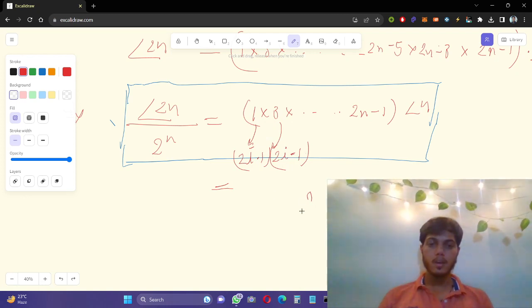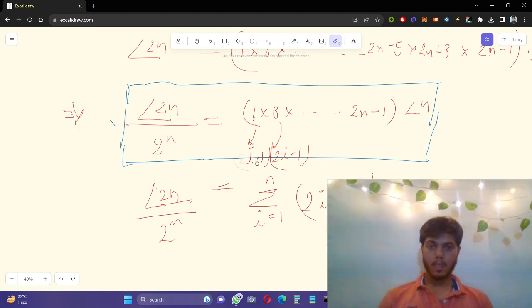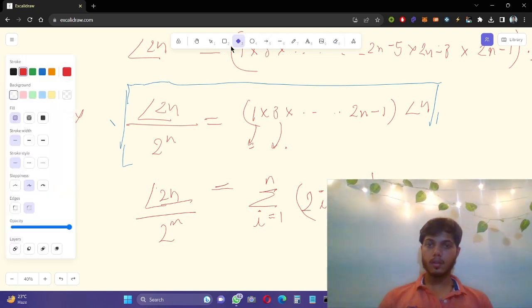Simply, it's something like 2i minus 1 into i, summation i equals to 1 to n, 2n factorial divided by 2 raised to power n. I hope you do remember this thing, right? This is a pretty standard answer that you should remember always.